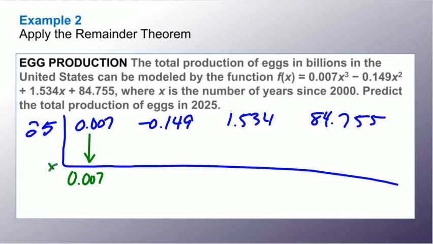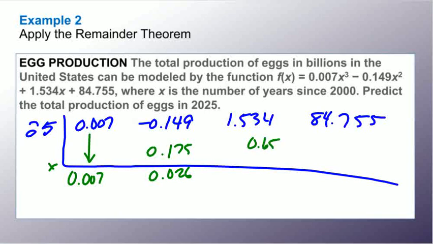And we multiply, so 25 times 0.007 gives us 0.175. If I subtract 0.149 from that, gives me 0.026.